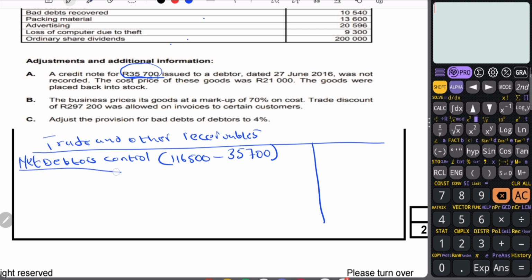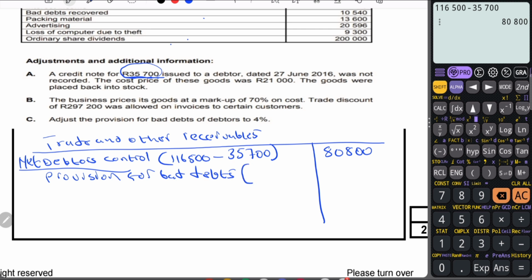How much now is our net trade debtors? They normally say net trade debtors. It's gonna be minus 35,700. It's gonna be 80,800. It's our net trade debtors now. Then the next thing is our provision for bad debt.